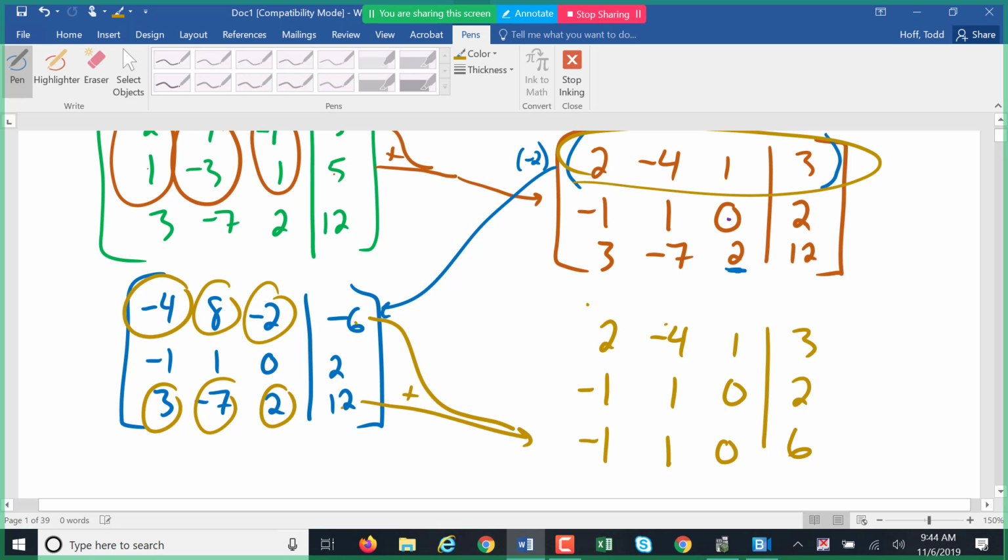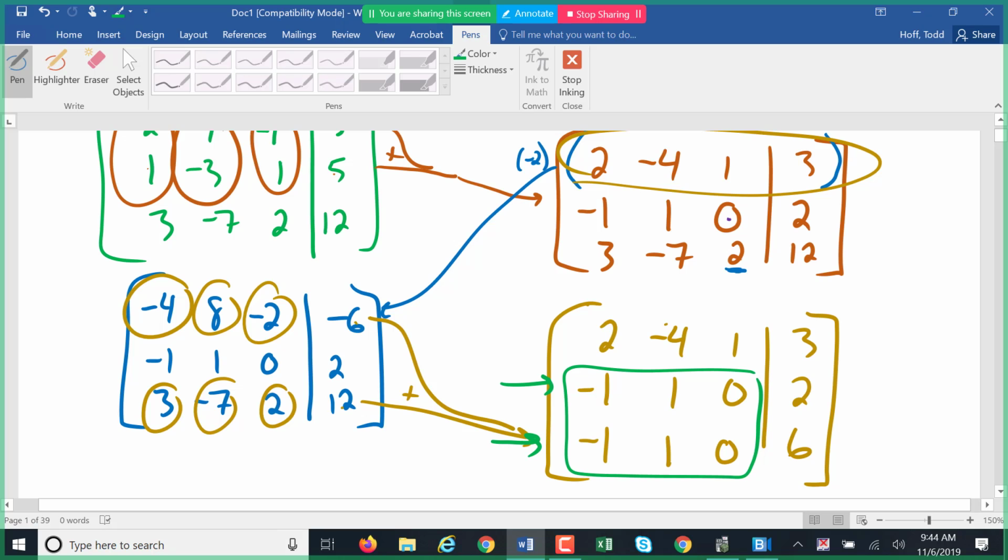At this point, I see an issue. These two rows, the second and third row, have the same elements in the first 3 columns. The augmentation is different, but they have the same elements in these 3 main columns.